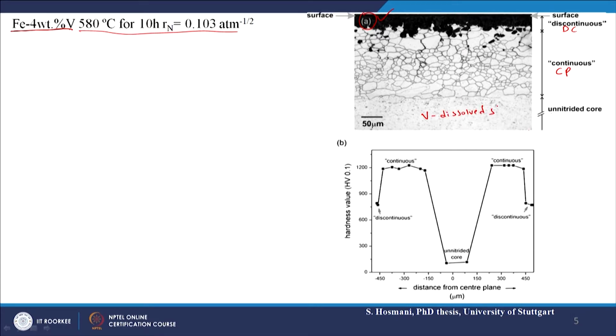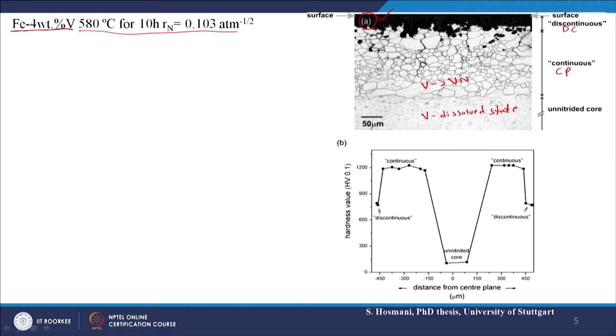So, that will modify the way the etching reaction happens, whereas here your vanadium is precipitated out. In this nitrided region, vanadium is precipitated, vanadium has become vanadium nitride for example, that is where its etching reaction is different, that allows nicely distinguishing these regions.